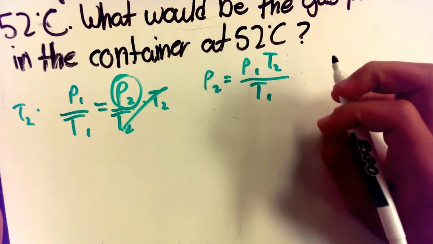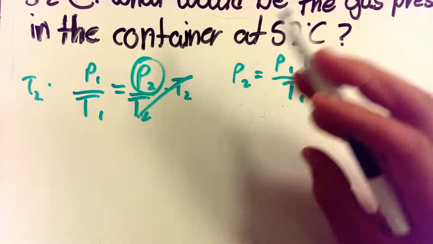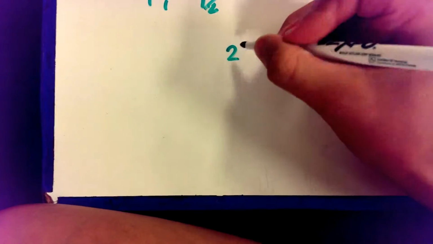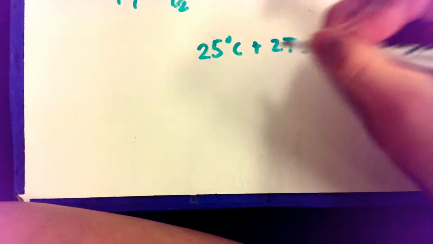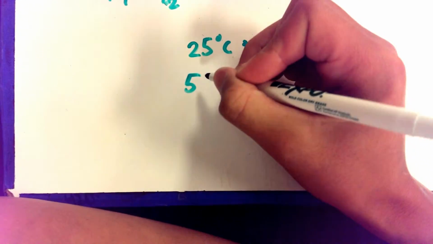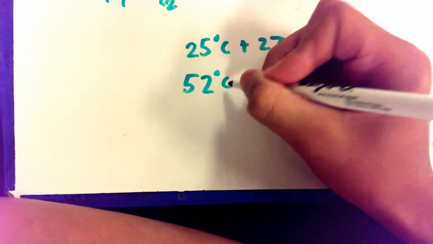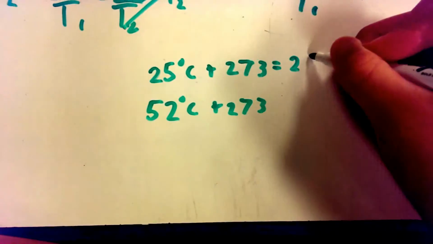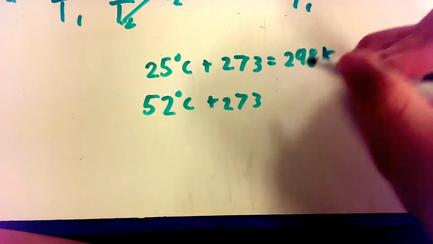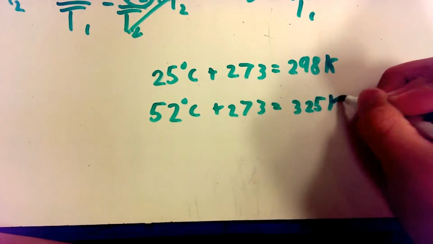And then before you plug it in, you got to convert the Celsius to Kelvin by adding 273. So it would be 25 plus 273 equals 298 Kelvin. This one equals 325 Kelvin.